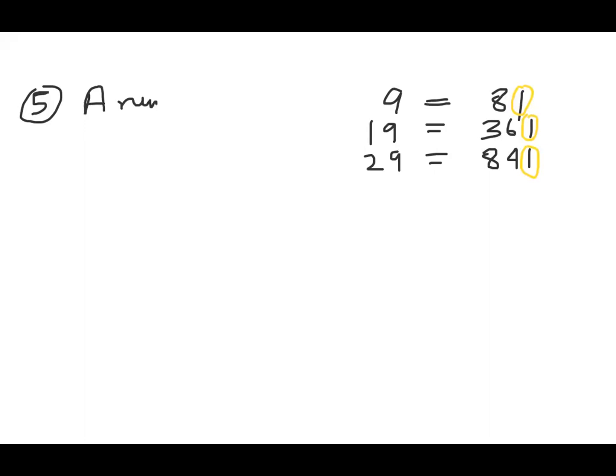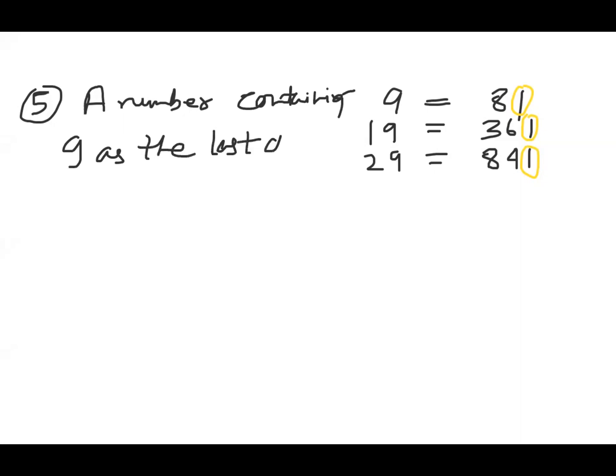A number containing 9 as the last digit, the unit digit, will always have which number at the unit place? 1.